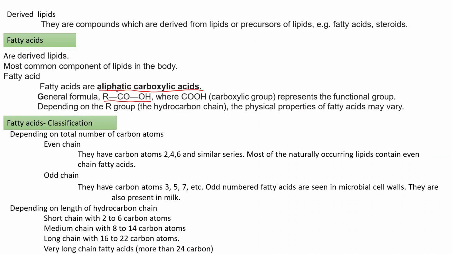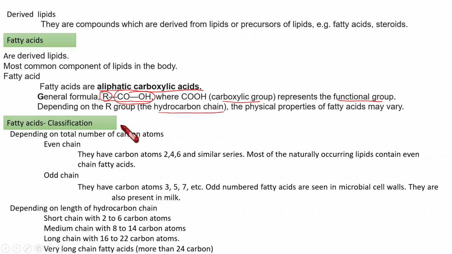In that, COOH represents the carboxyl group, the functional group of the fatty acid, and R represents the hydrocarbon chain, which will vary from one fatty acid to another. Based on that, the physical properties of the fatty acid will vary.